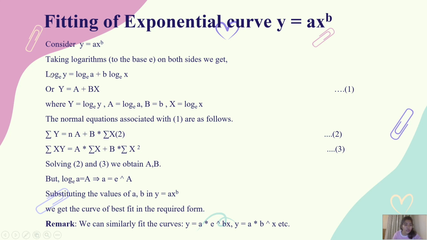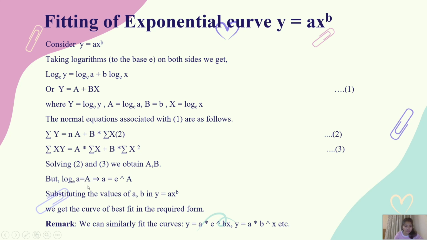Then we consider log y base e as capital Y, and log small a base e as capital A, then b log x base e as b and X. The normal equations associated with equation 1 are as follows: summation of Y equals n into A plus b into summation of X. Then summation of X into Y equals A into summation of X plus b into summation of X square. Then when we solve these two, we obtain the values of A and b.